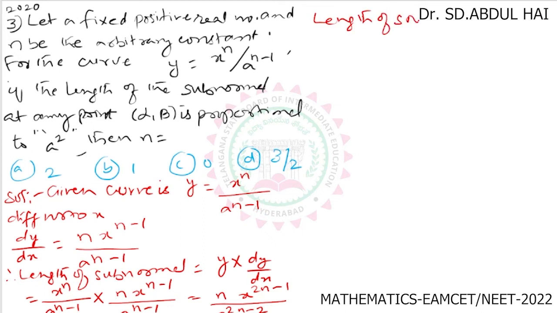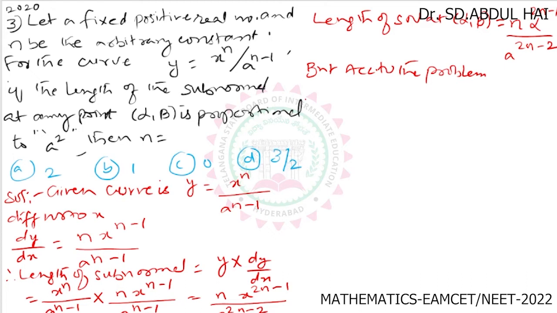Now the length of the subnormal at some point alpha comma beta is nothing but n alpha power of 2n minus 1 divided by a power of 2n minus 2, isn't it? But according to the problem, the length of the subnormal is proportional to a square.